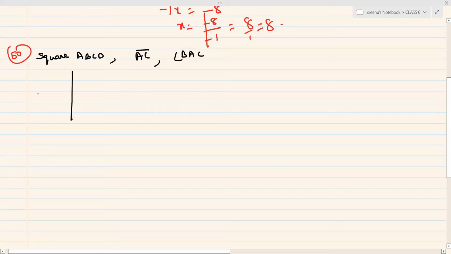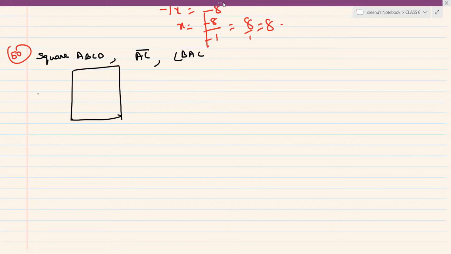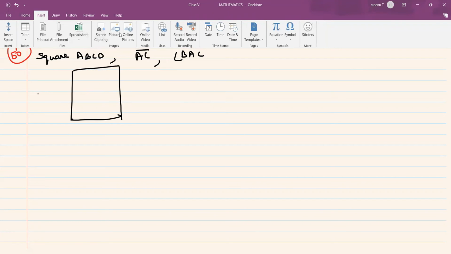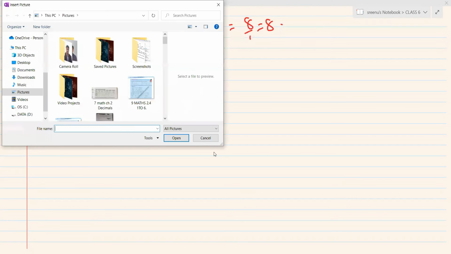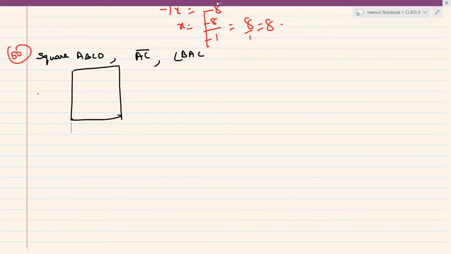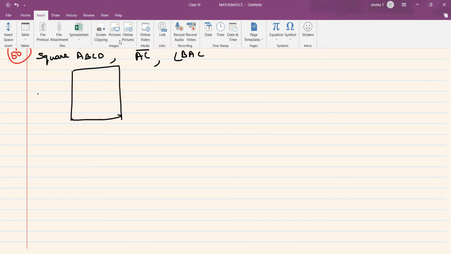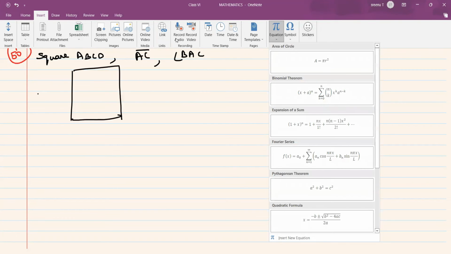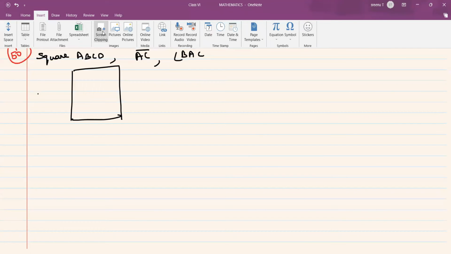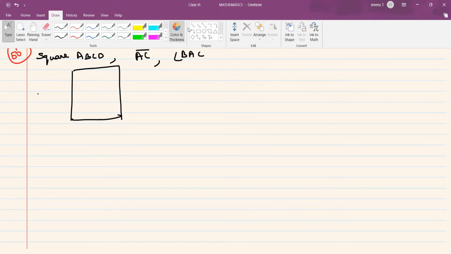So let's take a square here. So let me draw a square.